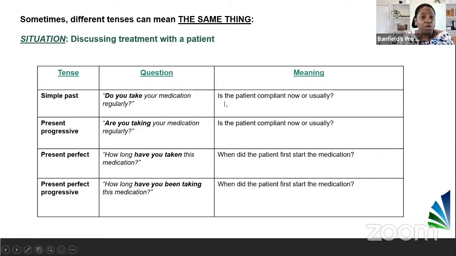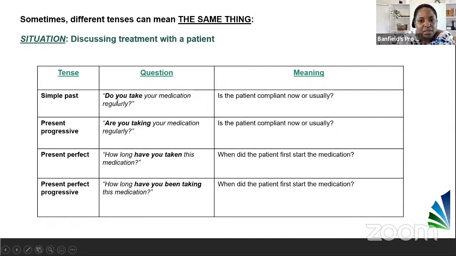The meaning is what you are asking the patient now. And in this situation, it's you discussing treatment with the patient, whatever that treatment is. When you ask the patient, do you take your medication regularly? You're asking the patient if they're compliant now or usually. So you're talking about a regular thing.